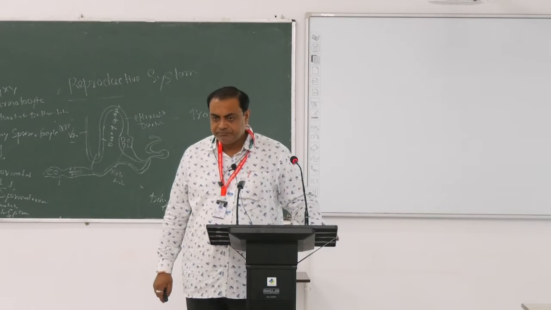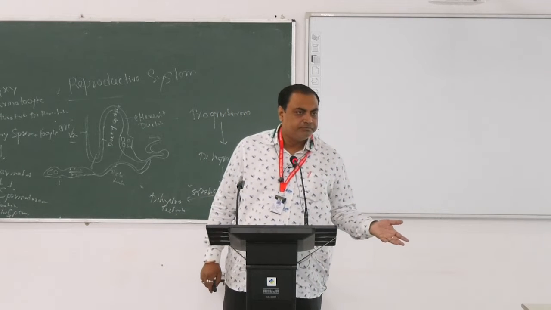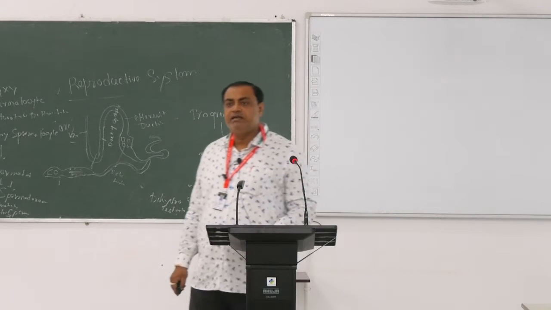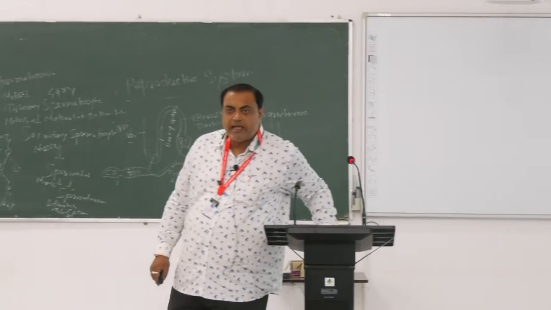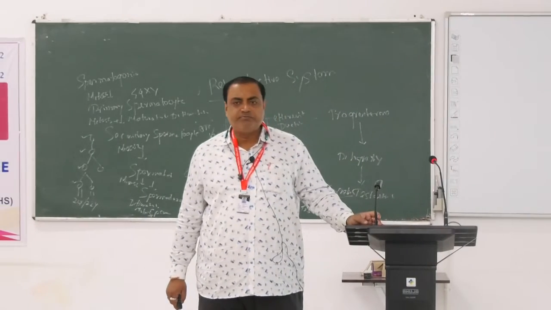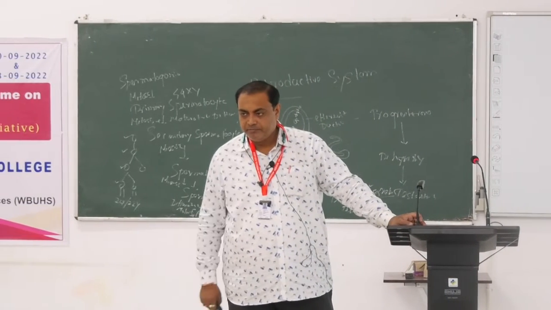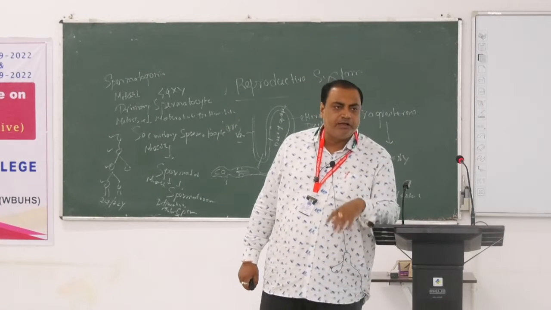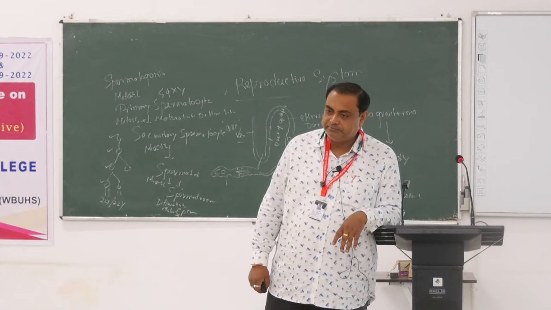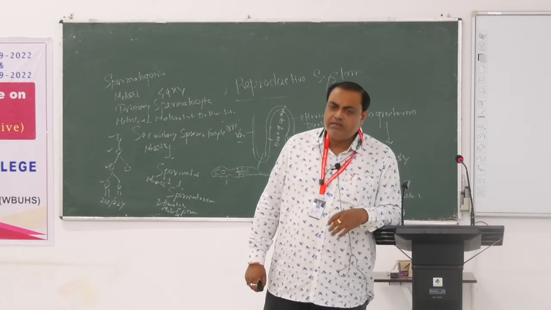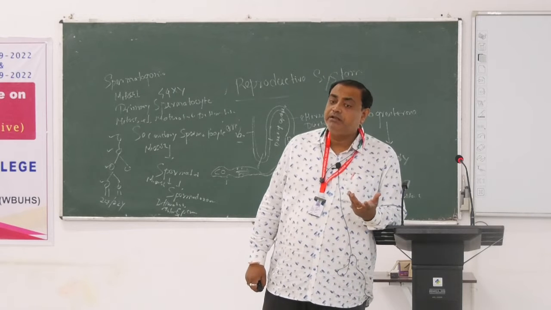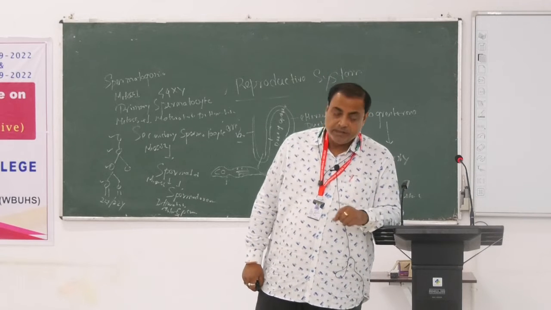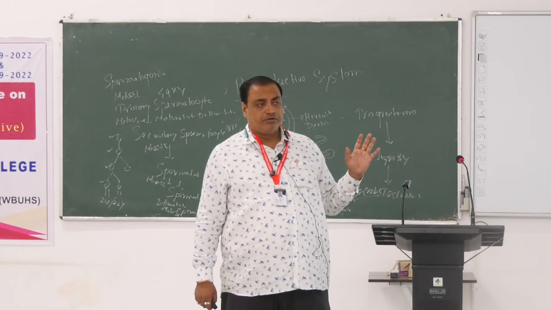Like milk protein, casein, can be distinguished by its smell. Albumin can be distinguished by its smell, egg albumin. Right? But not all proteins. Hemoglobin cannot be identified by the smell or taste. Fine? So there are numerous proteins. So how do I identify it? Number one. This is why western blot.